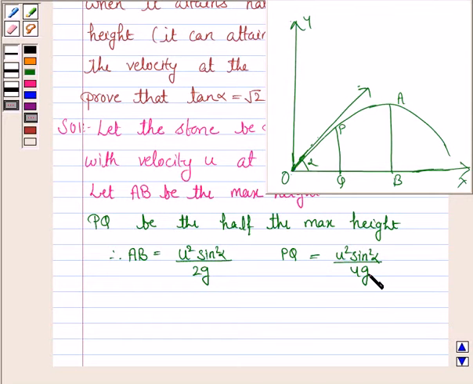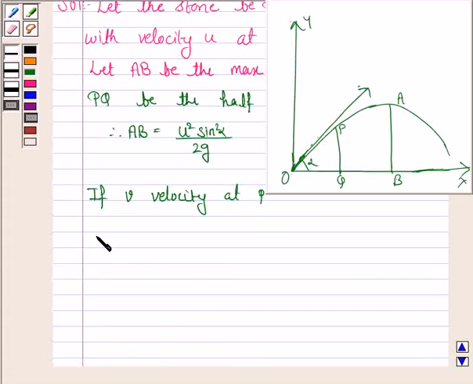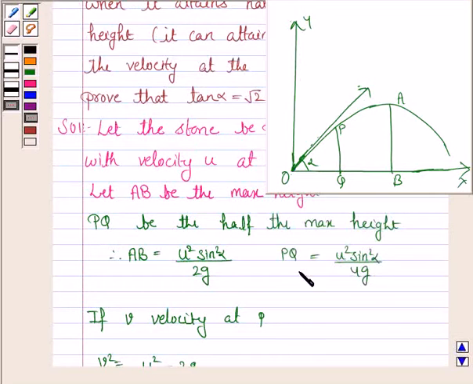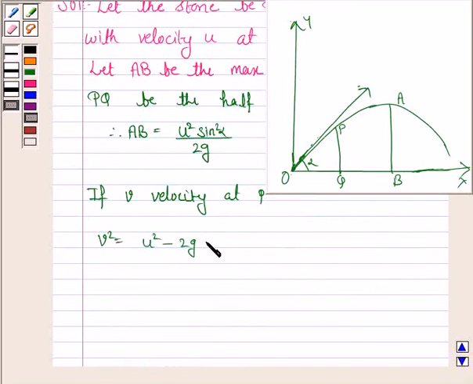Now if small v is the velocity at P, then v square is given by the formula u square minus 2gh. Now h is the height at P, which is u square sin square alpha upon 4g.